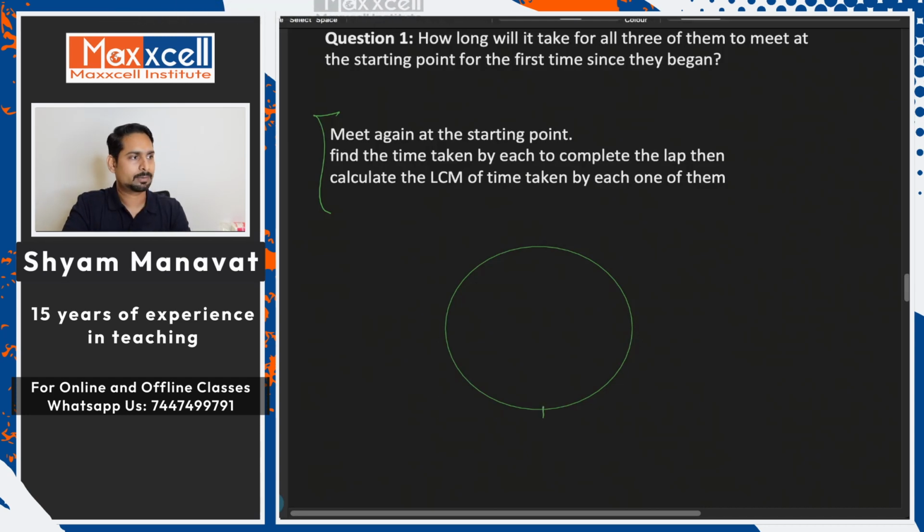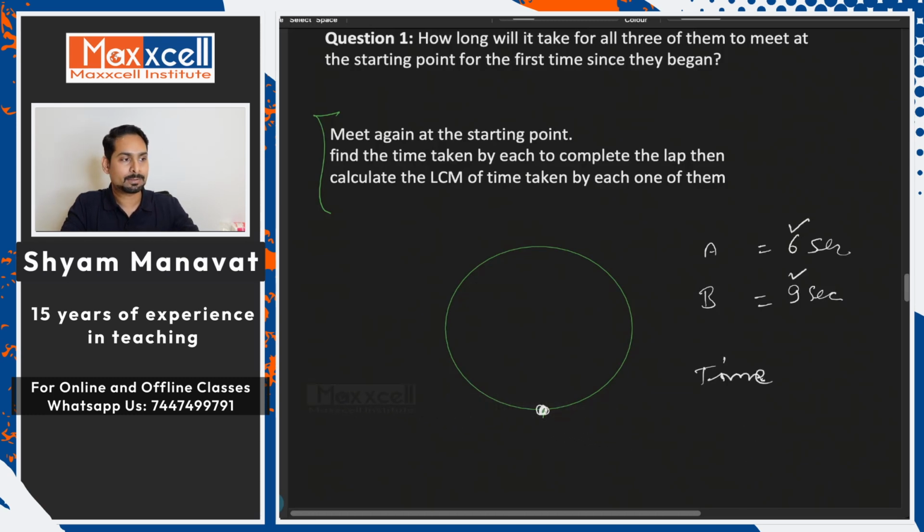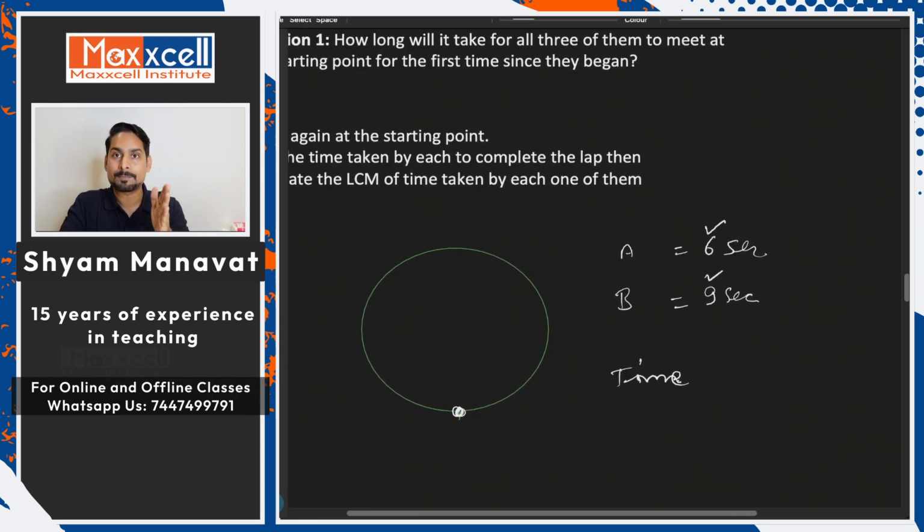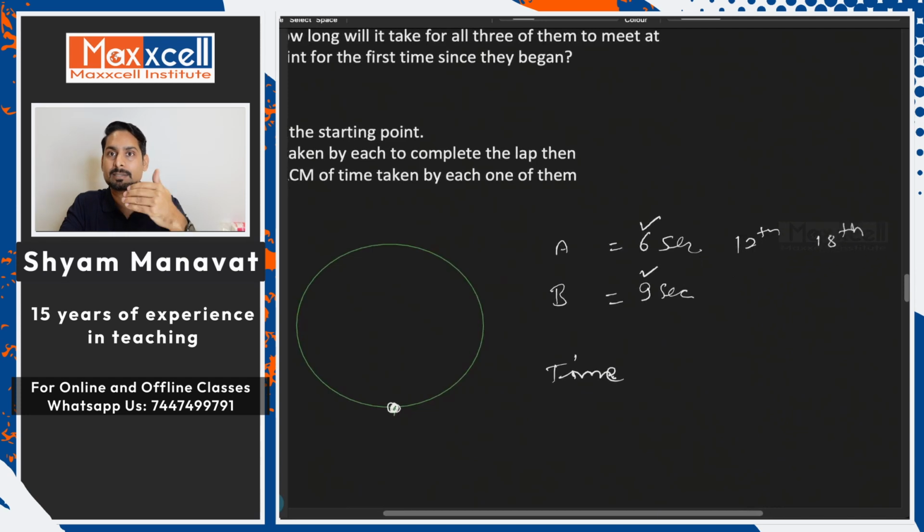suppose one example, if Alice is completing the lap every 6 seconds, so Alice is reaching the starting point every 6 seconds. Let's say another person is Bob, completing it in 9 seconds, so Bob reaches here after every 9 seconds. Now if you want both of them to reach together, the time should be a multiple of 6 and 9, because Alice is at the starting point at the 6th second, then the 12th, then the 18th, after every 6 seconds.